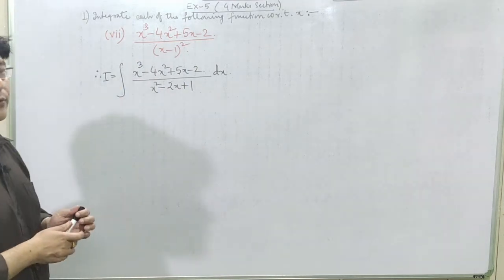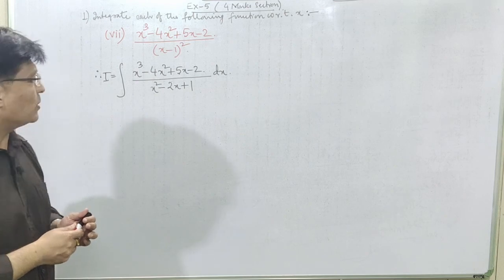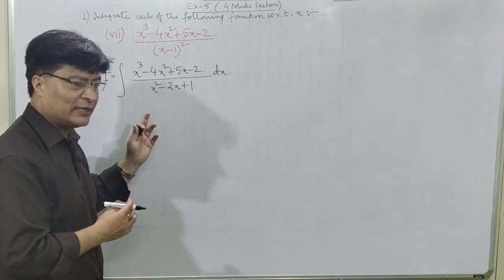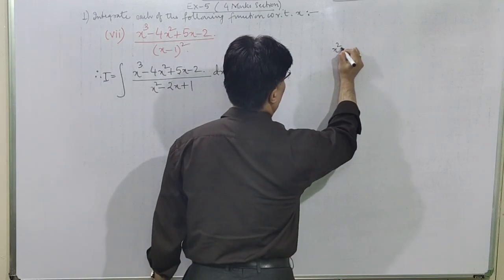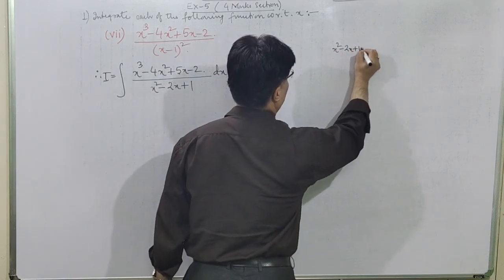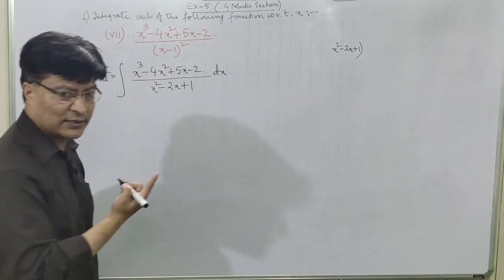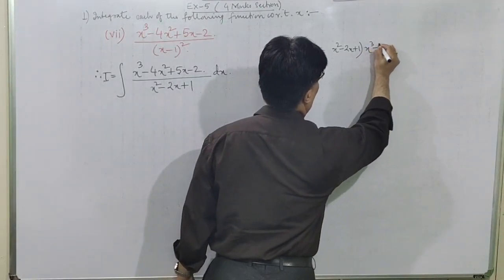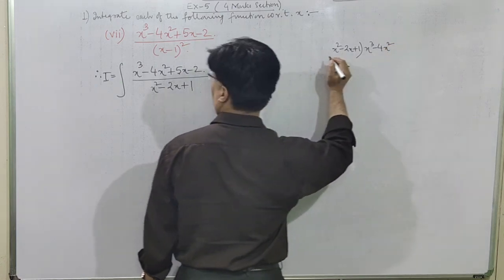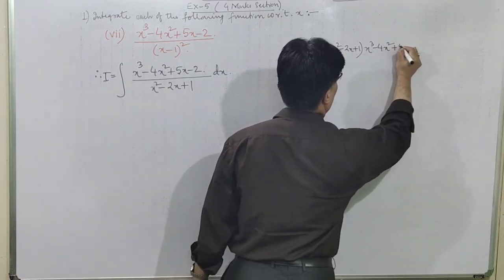So in this case also you can use the division method. So let us divide the numerator by the denominator. That is, x square minus 2x plus 1 will divide the numerator, that is x cube minus 4x square plus 5x minus 2.